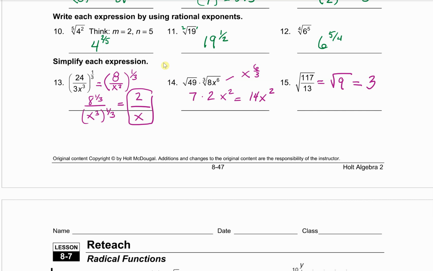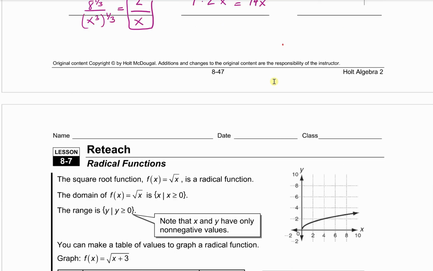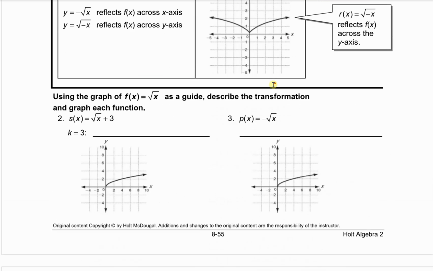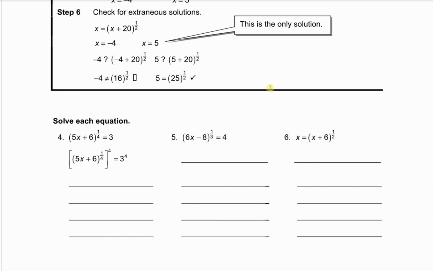All the power properties work with fractional or rational exponents as well. So, let's scroll down so I can remind you of what they are. Remember, a to the m times a to the n is a to the m plus n.